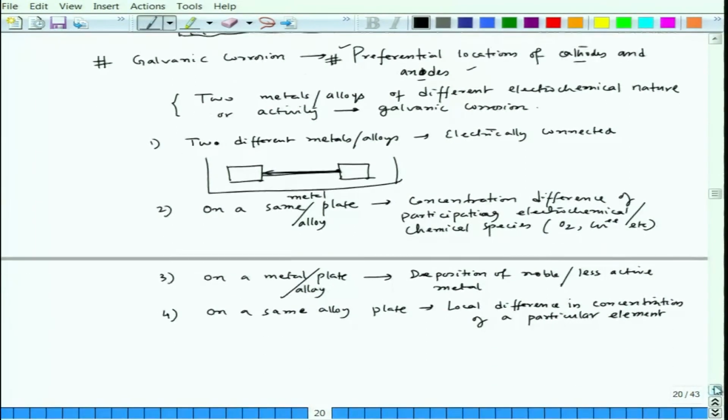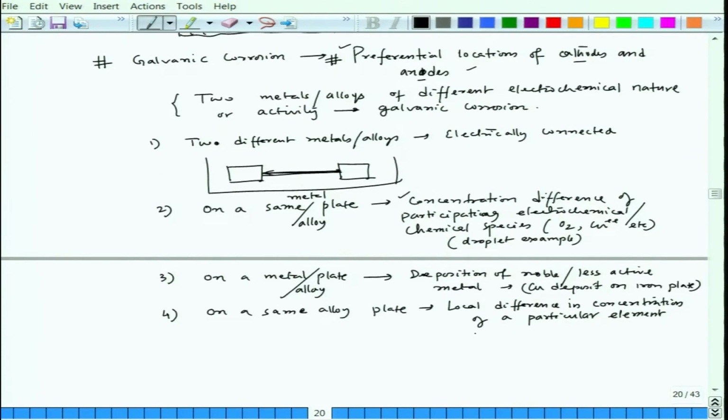Fine. For example, this one we have already seen, the droplet experiment, droplet example. This one we will explain again, that is copper deposit on iron plate.